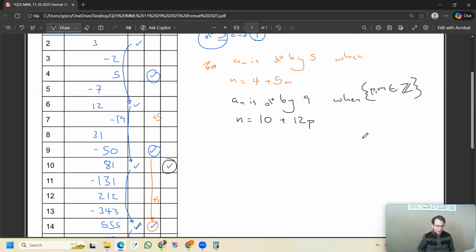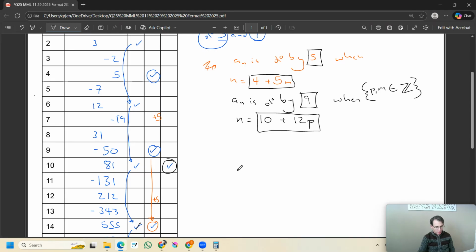All right, so now we've got that. Now we want to know what values of n will both this be true for some integer and this be true for some integer. In other words, when is the number both divisible by 9 and by 5?